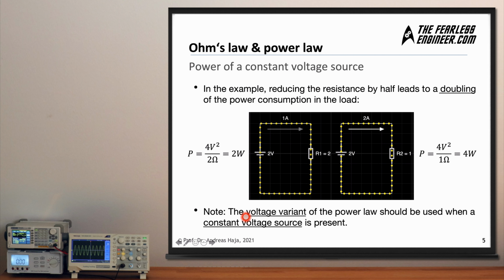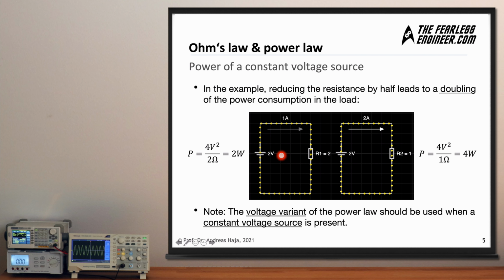And you should note that this voltage variant of the power law should be used in situations when you can assume that the voltage source is providing a more or less constant voltage independent from the load which you connect it to. When we talk about substitute voltage sources, which also combine an internal resistance value in conjunction with this perfect voltage source, then we will learn that every voltage source, let's say a battery, has an internal resistance which causes a drop in voltage which the voltage source can provide to the circuit.